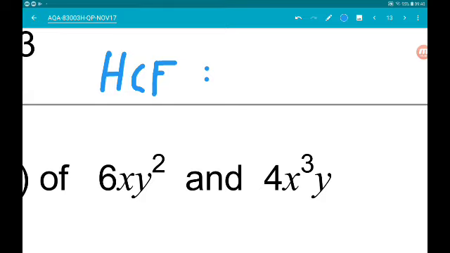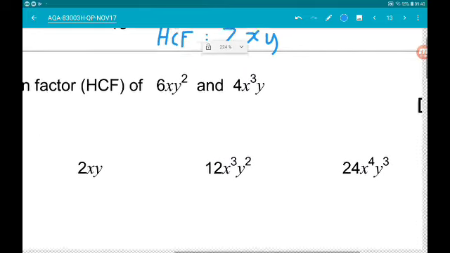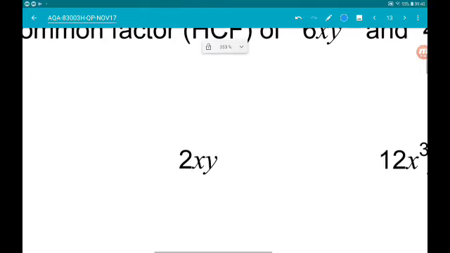What's the highest common factor between 6 and 4? It's 2. What's the highest common factor between x and x cubed? It's x. And then between y squared and y, it's y. So the highest common factor is 2xy.